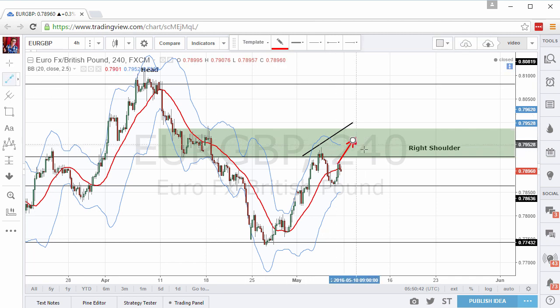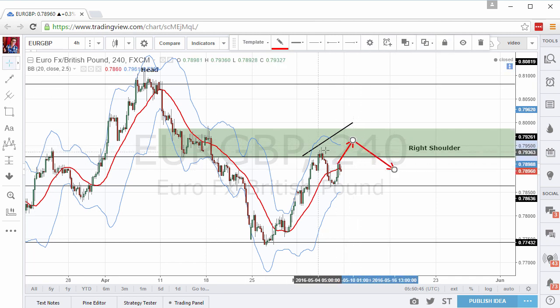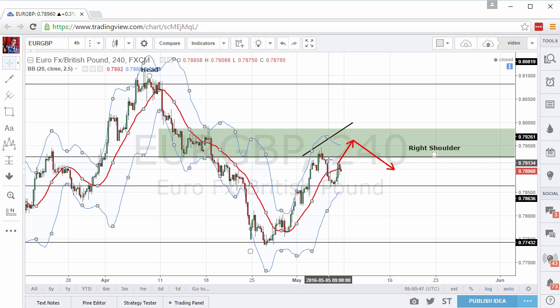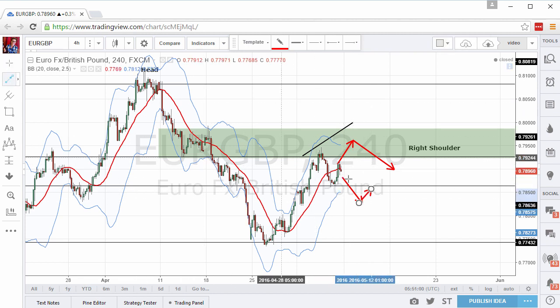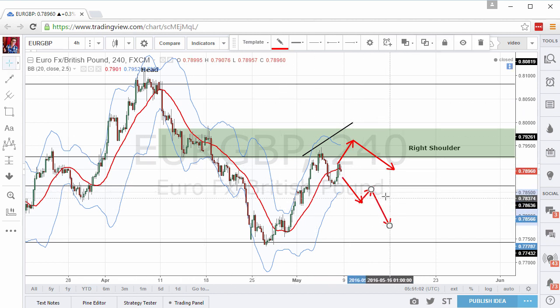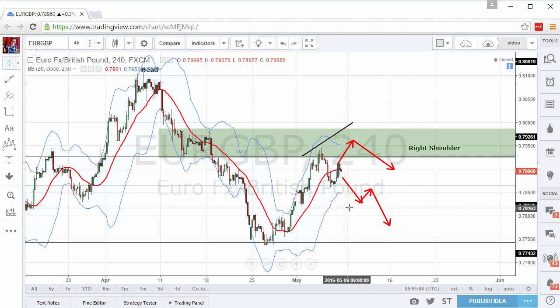The first one we explored was the move higher here to create a new high, which will probably also come with the RSI divergence and then provide us with a short entry opportunity. And the second one would be a break of this support area, and then a retest as resistance and then a move lower. This would also make sense if we take into consideration the overall picture.